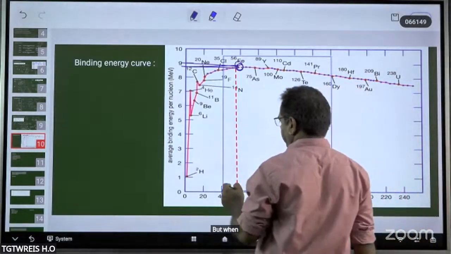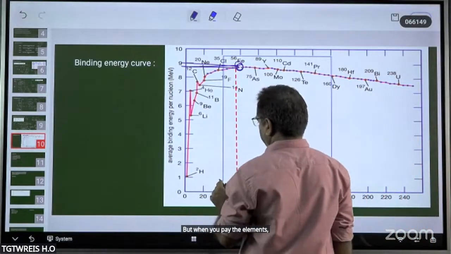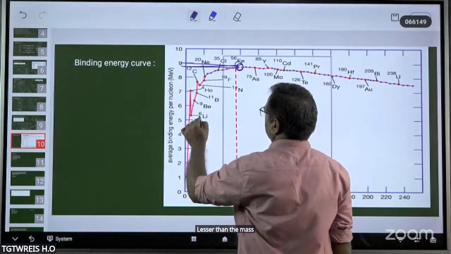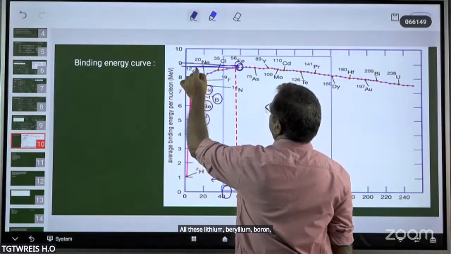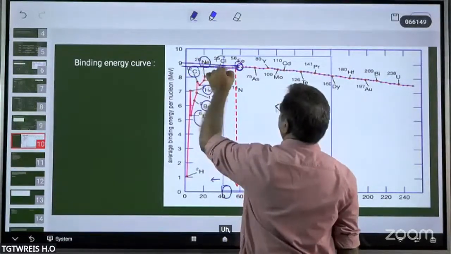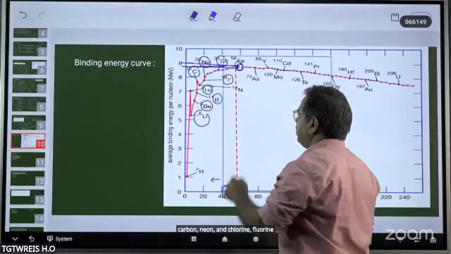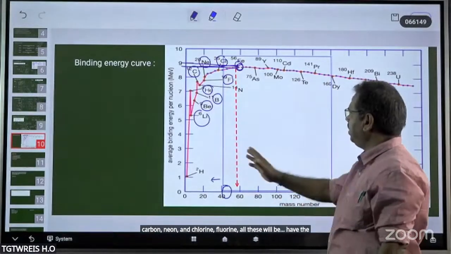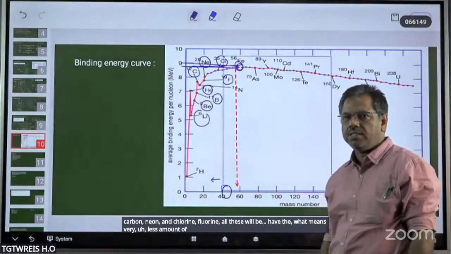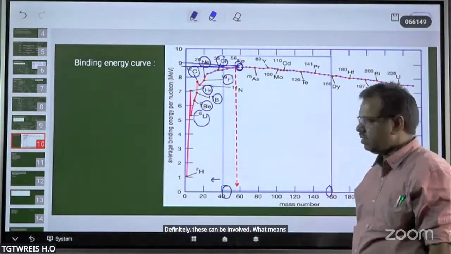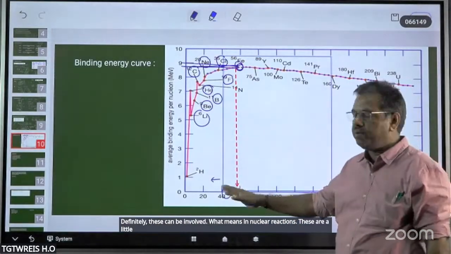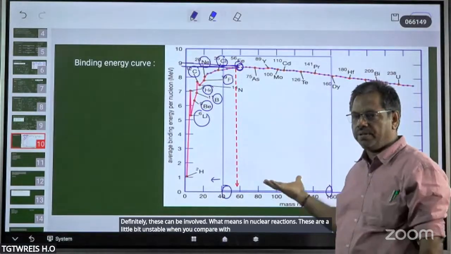But when you take the elements with mass number less than 40, all these lithium, beryllium, boron, helium, carbon, neon, chlorine, fluorine will have a very small amount of binding energy itself. Definitely these can be involved in nuclear reactions. These are a little bit unstable when you compare with the stable nuclei.